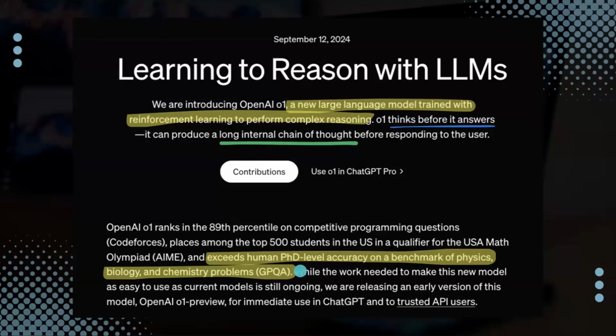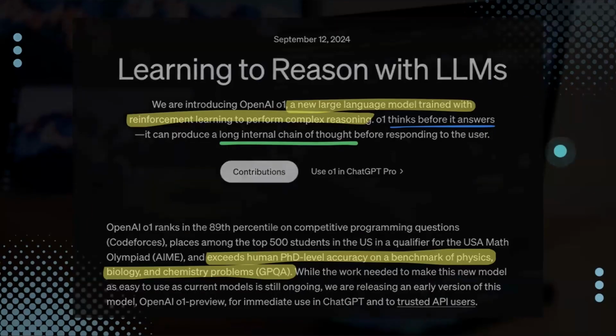And check this out. It exceeds human PhD level accuracy on benchmarks of physics, biology, and chemistry problems. The Graduate Google-Proof QA one. Remember the one that Supernova didn't do so well on? O1's like, yep, got you.